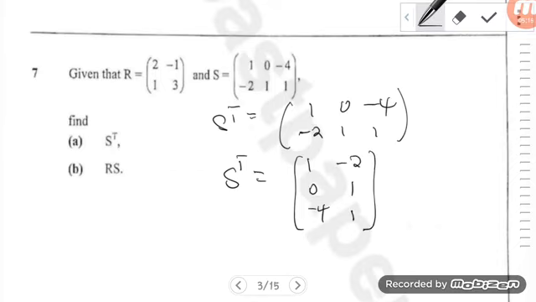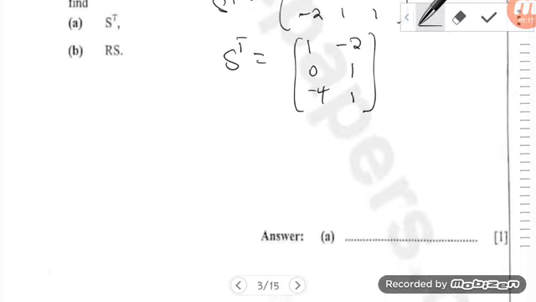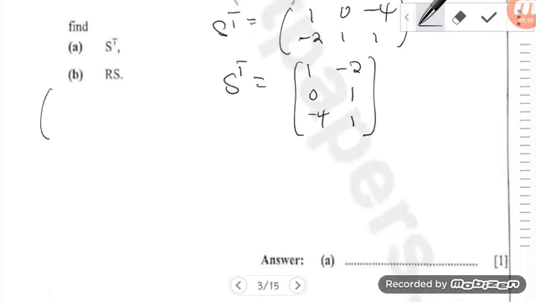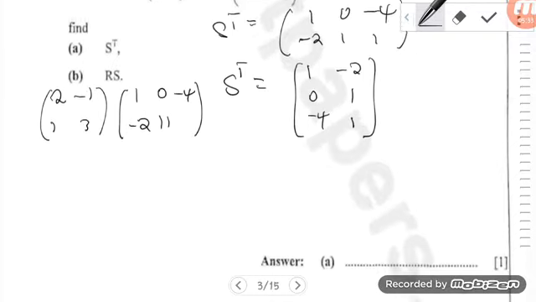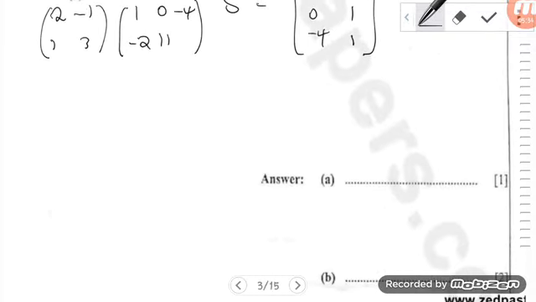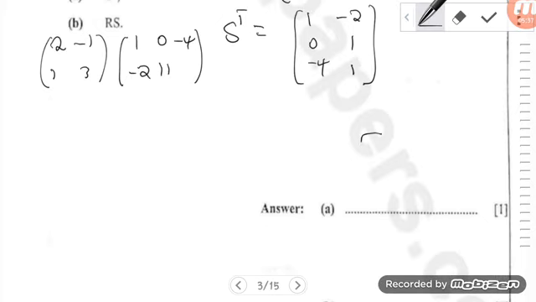And that's all. Then they're saying find RS. RS is the product of matrix R, which is 2, 1, negative 1 and 3, multiplying it by 1, 0, negative 4, negative 2, 1 and 1. So here our answer is 1, 0, negative 4.